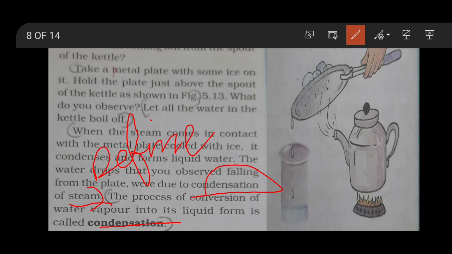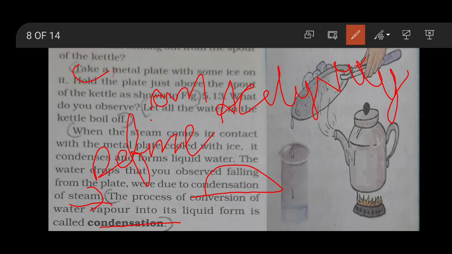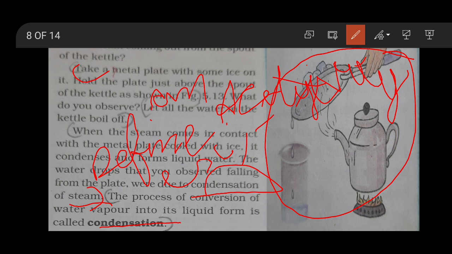Then from here to here was an activity. Yes, guys, this is the picture for the example of condensation.